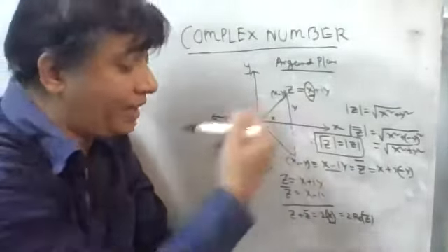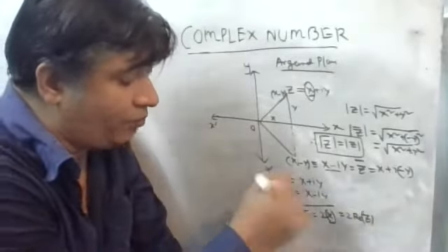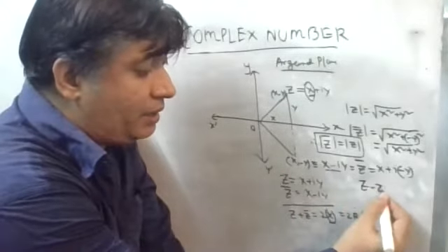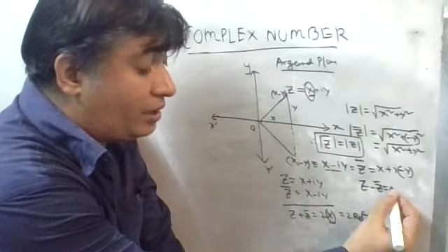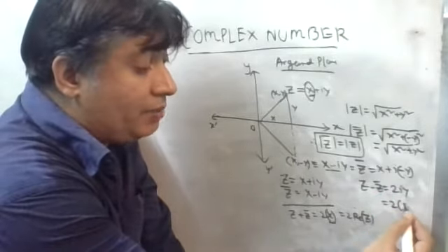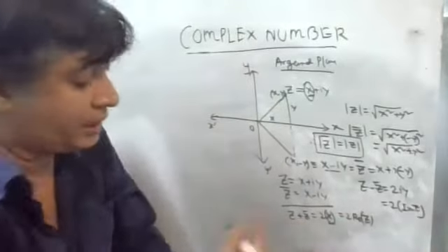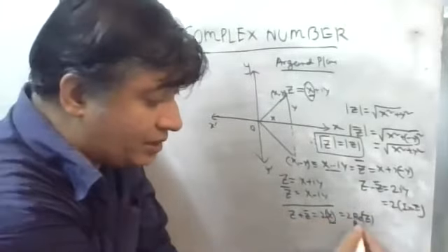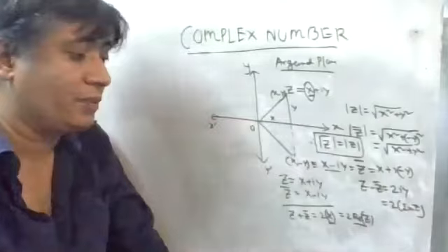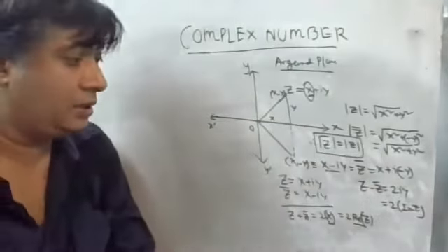There is no i with x. And you could have subtracted the second one from the first. Then z minus z bar would have been what? 2iy. That is therefore twice the imaginary part of z. That is in short called Im z. So z plus z bar is twice real z. z minus z bar is twice Im z or imaginary z.